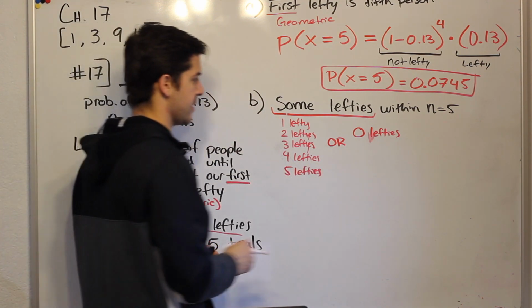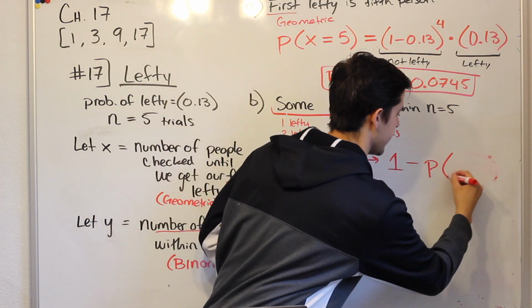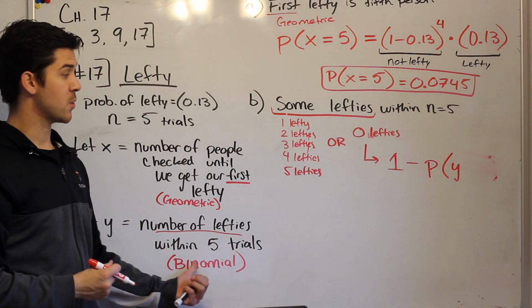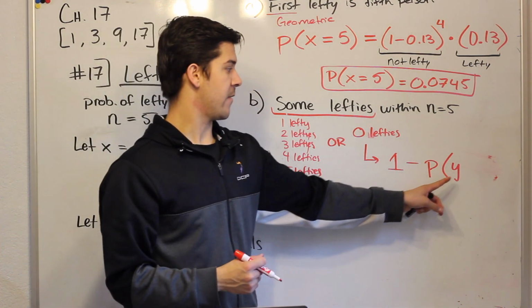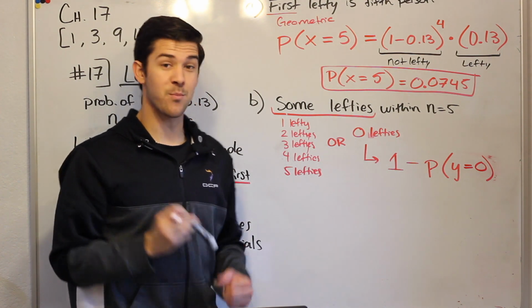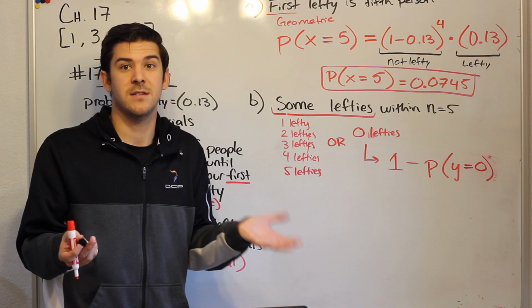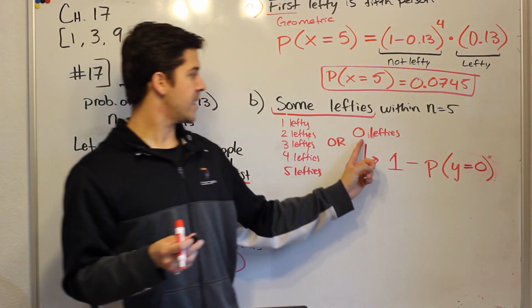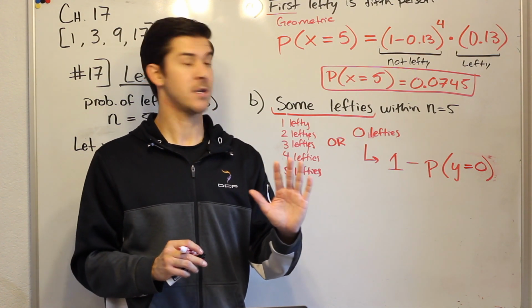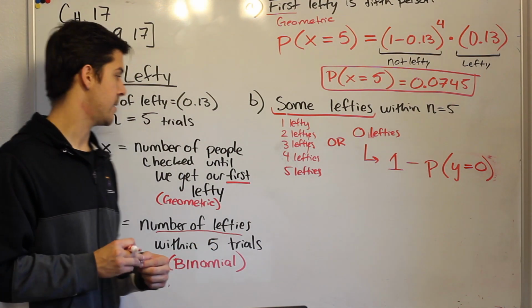So what this would look like is 1 minus the probability of y, because y is the number of lefties, so we're looking at the probability of the number of lefties equal to 0. The opposite of some lefties is no lefties. So if we find the probability that there are exactly no lefties within those 5 people that we chose, we can take the opposite to show that there's actually at least 1.